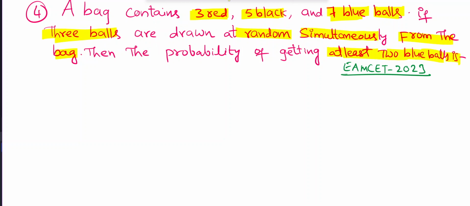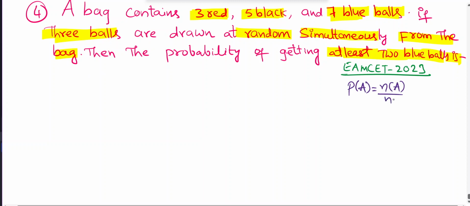So here in a bag, the balls given are 3 red, 5 black and 7 blue balls. Here we know that the probability P of A is equal to N of A by N of S.